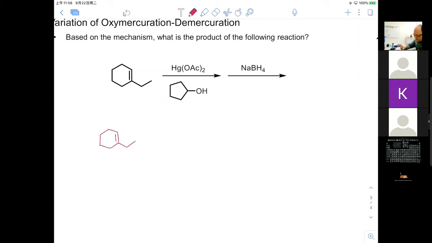Right? And as we said, the mercury diacetate can dissociate to a mercury plus and an acetate anion, right? And the mercury plus, as we know, is a very good electrophile.